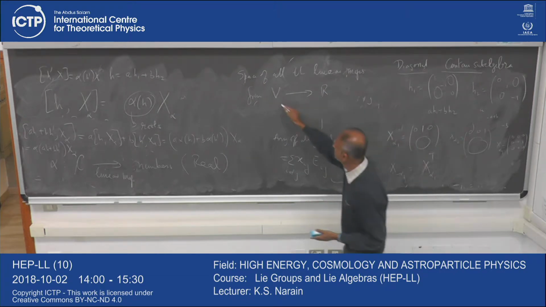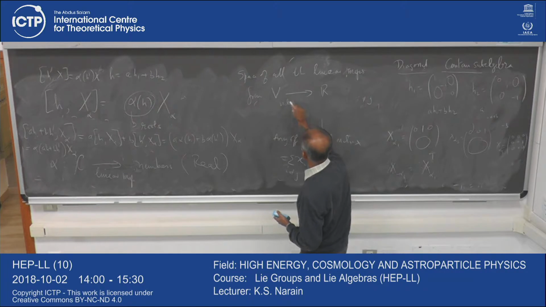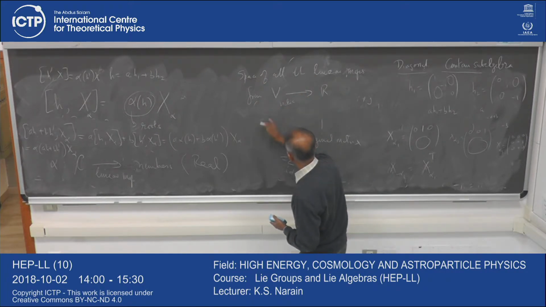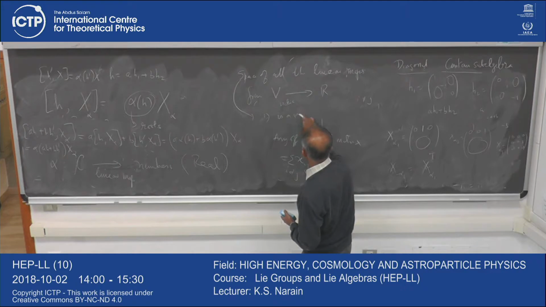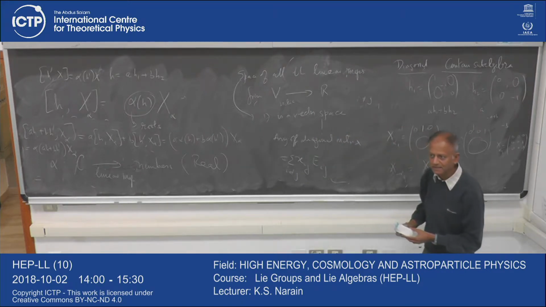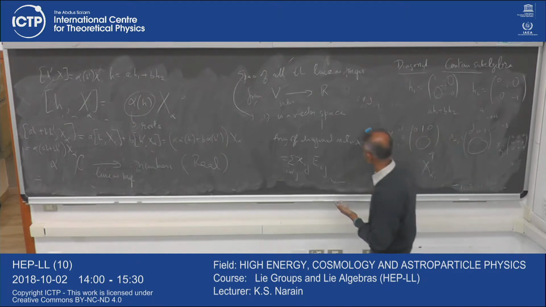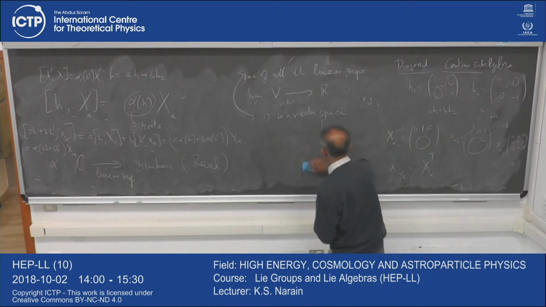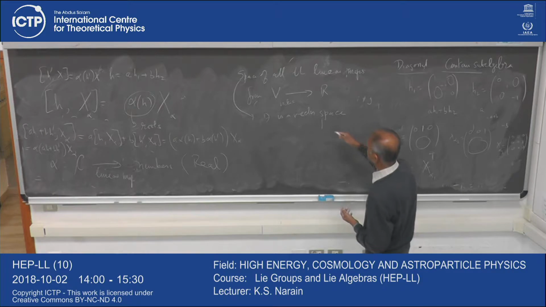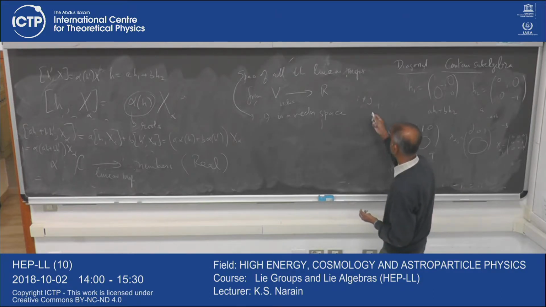V is a vector space. This space of all linear maps is, first of all, the statement is that this space itself is a vector space. I don't know if you have done that. Probably you have studied this in undergraduate linear algebra. No? You might have, or maybe not all of you have seen it. I don't know what the standard notation is.